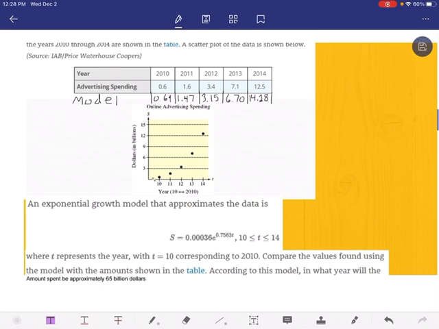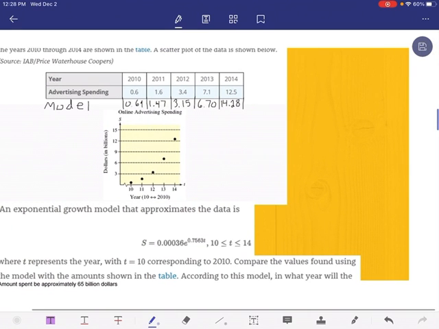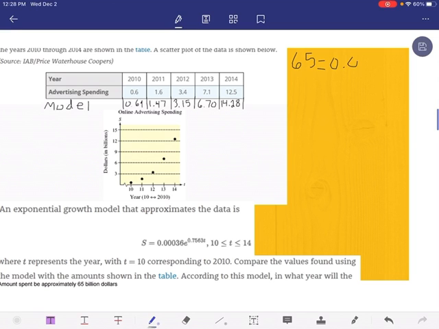So when we plug in for S, we don't want to plug in 65 billion, we just want to plug in 65. So we would plug in 65, and it's still going to equal our lovely decimal.